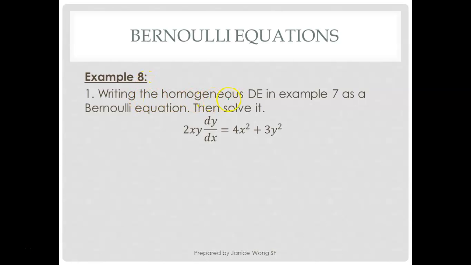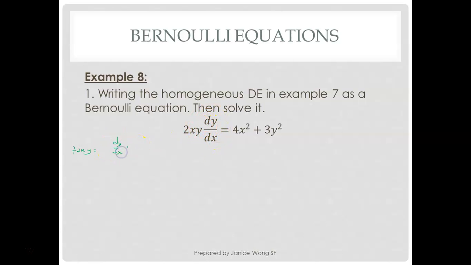Write the homogeneous equation in example 7 as a Bernoulli equation, then solve it. So this is the equation from example 7, question 1. We follow the steps. We need to write it as a Bernoulli equation first, and then solve it. From here, I divide by 2xy in order to make the coefficient of dy over dx equal to 1.